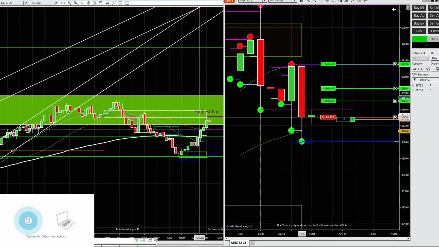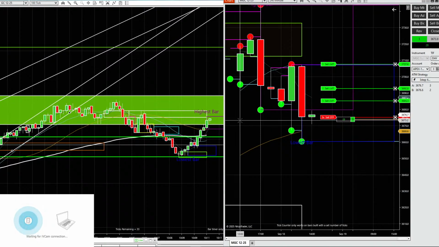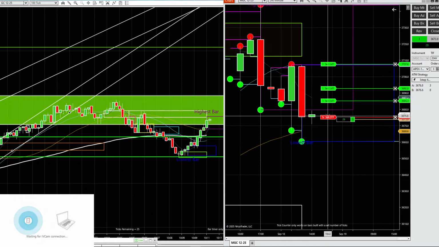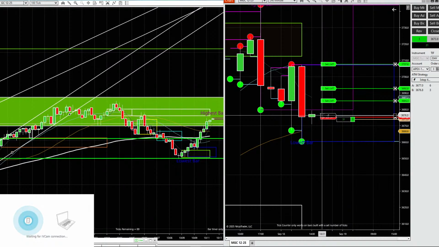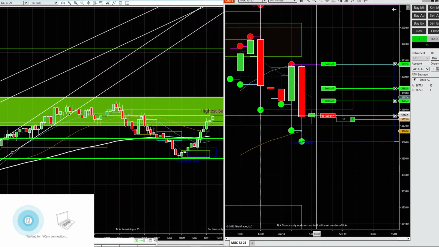I have a feeling this is going to come back right here somewhere. Didn't clear the high of that candle right there. Yep, we're going to go right here, the bottom of this wick.